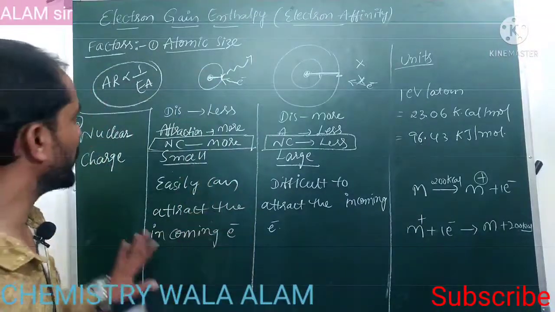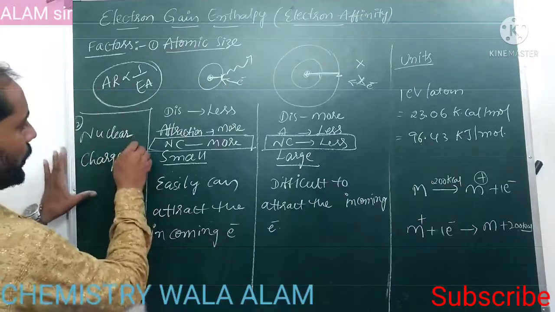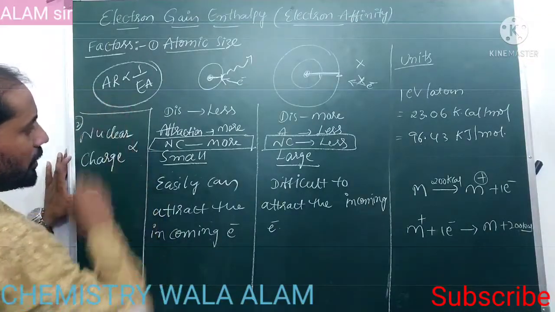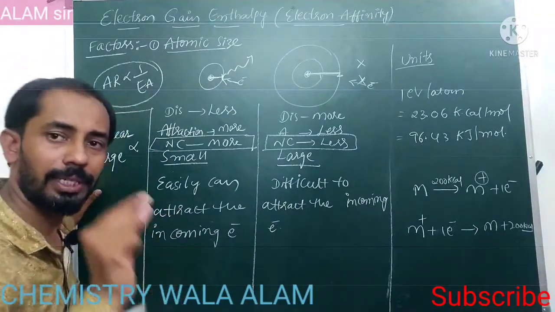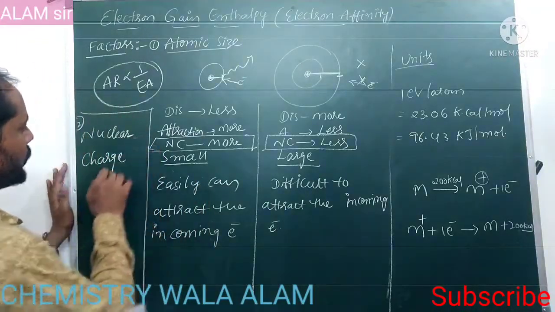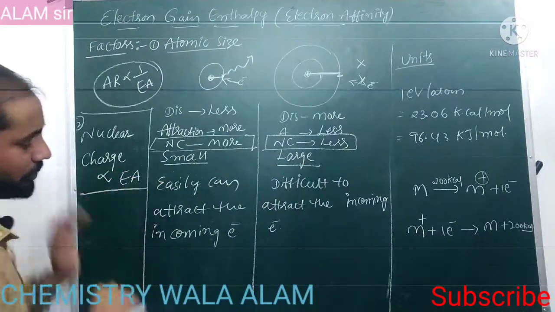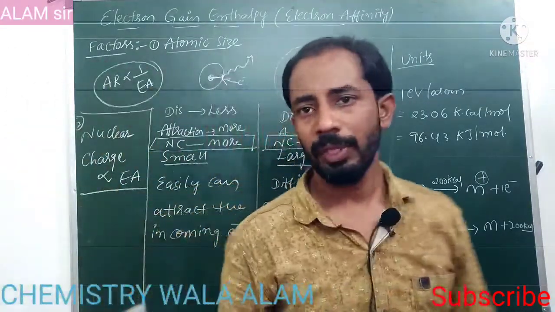So here, nuclear charge is more, and that is nothing but a small atom. So nuclear charge is directly proportional to electron affinity. Clear the point?